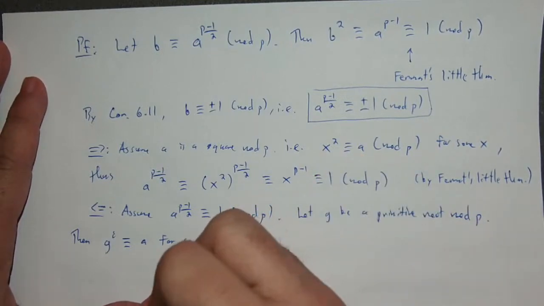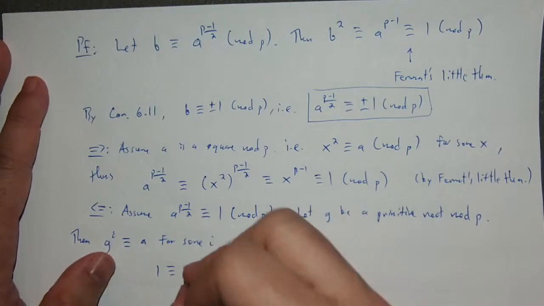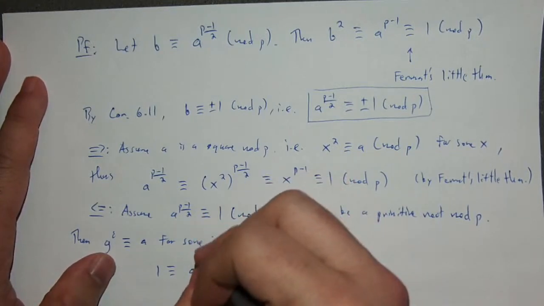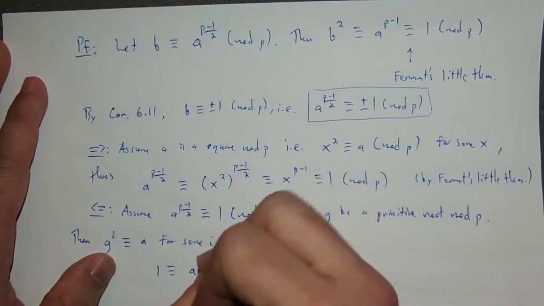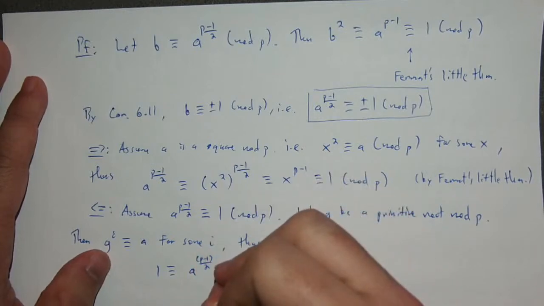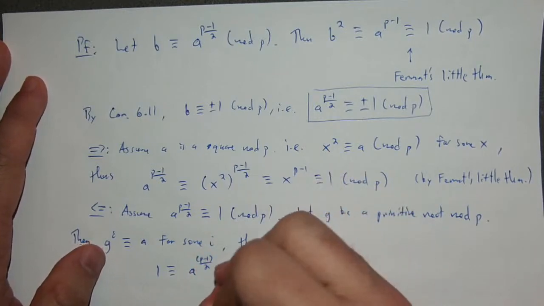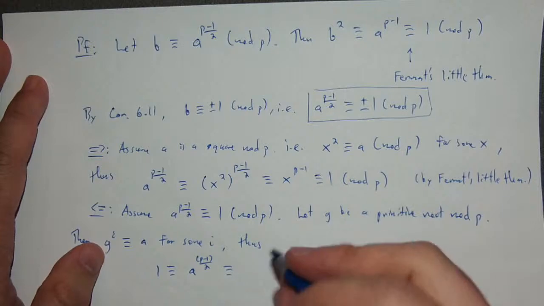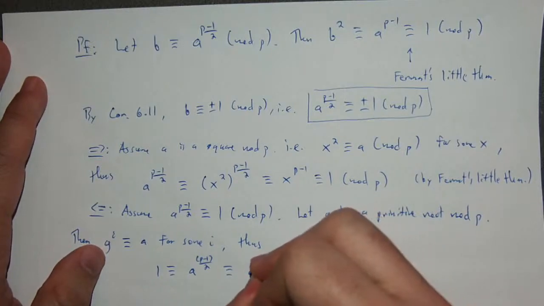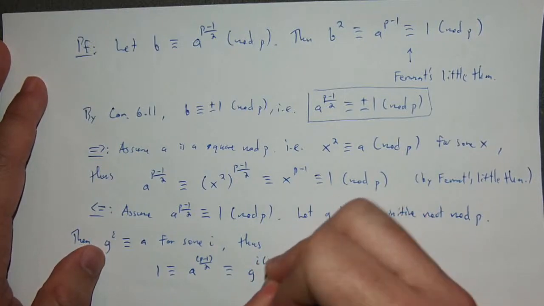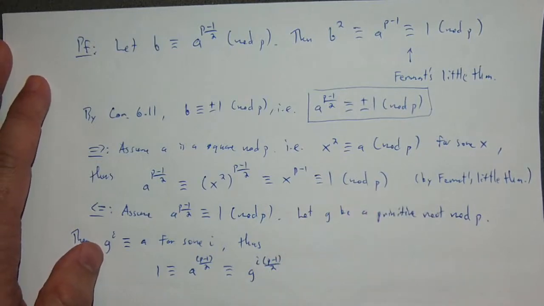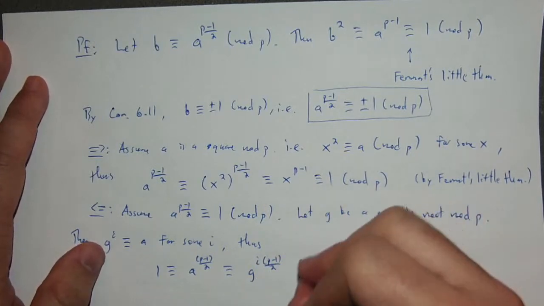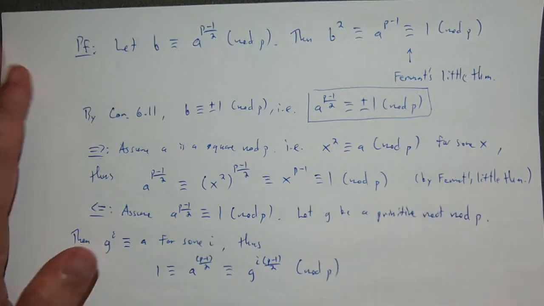And thus 1 is congruent to a to the p minus 1 over 2, which is congruent to g to the i times p minus 1 over 2 mod p.